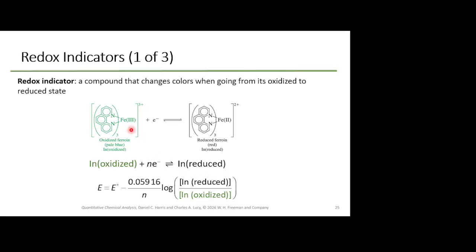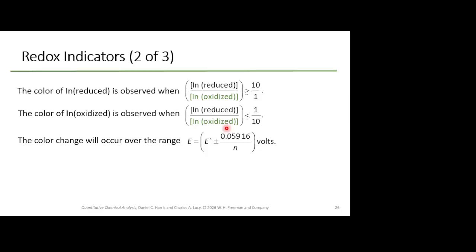Now, in this case right here, notice we'll have a pale blue going to red. Now, when do you see an indicator change, by the way? Do you remember from the acid-base world? Yeah, it's the 10 times. So if you have 10 times one form versus the other, that's where you'll start seeing a change. Anytime we have a 10 times difference, that's when we see a change.